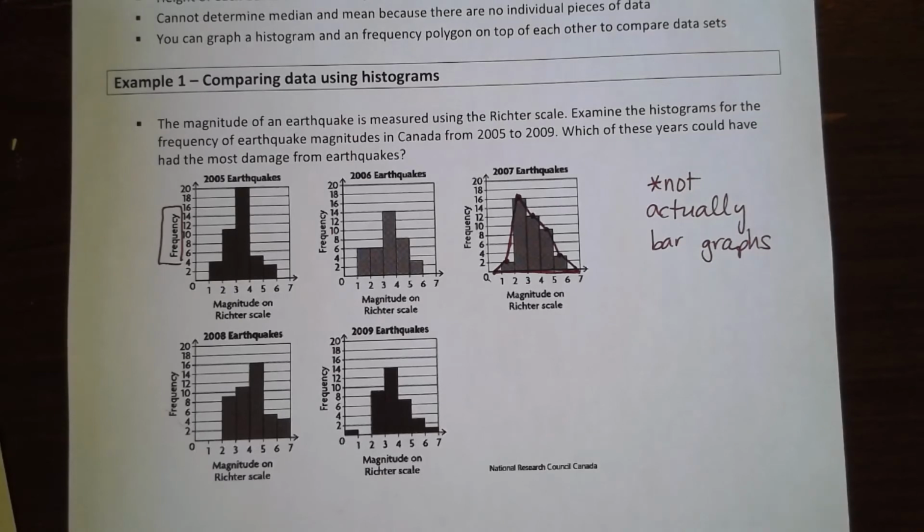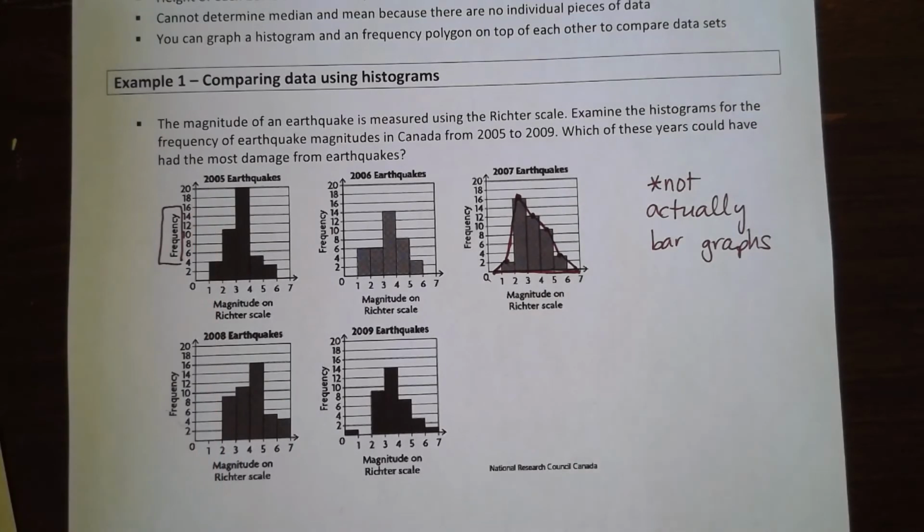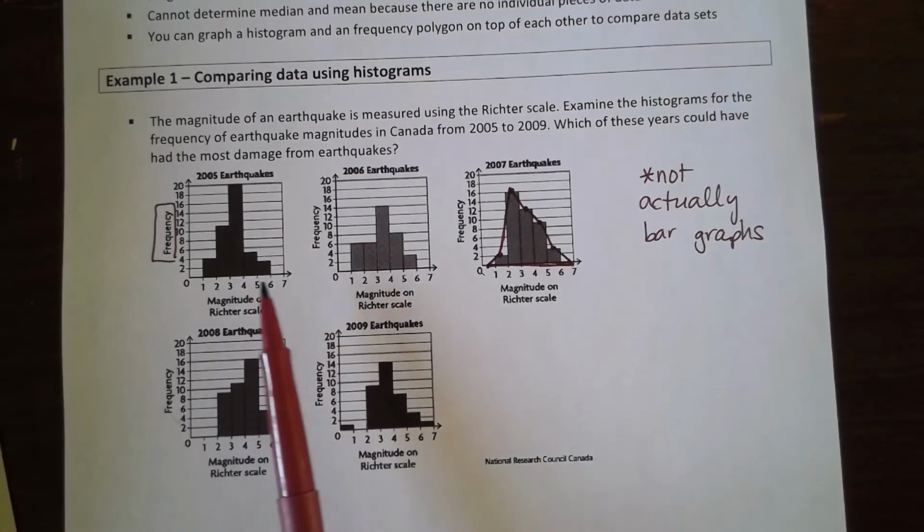The higher the bar, the more frequent something happens. So if we look at what happened in 2005 in Canada, the most frequent earthquake, there were 20 earthquakes in Canada in 2005 that had a magnitude of between 3 and 4. There were no earthquakes in Canada in 2005 that had a magnitude higher than 6.